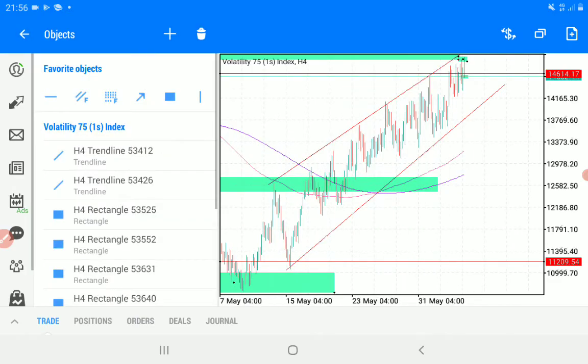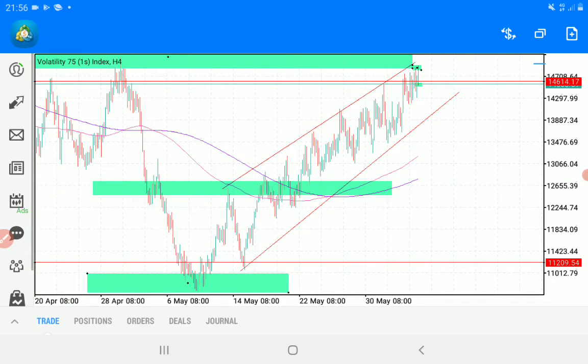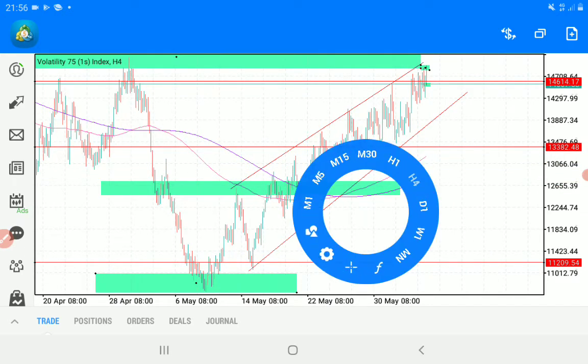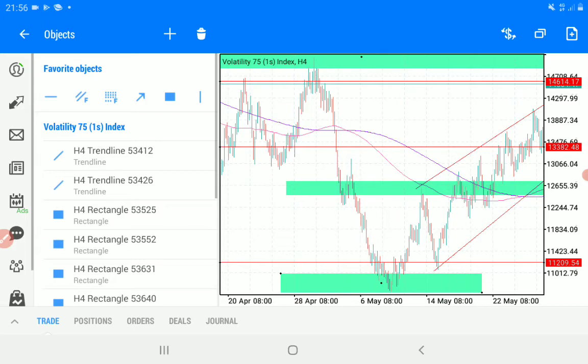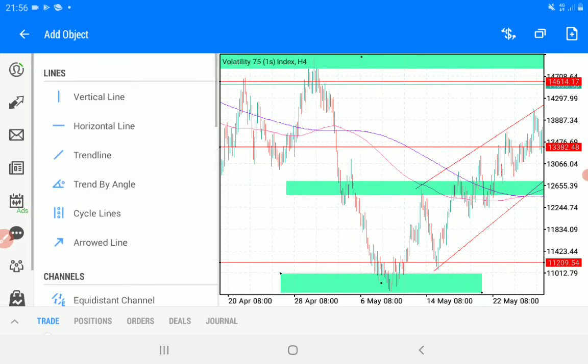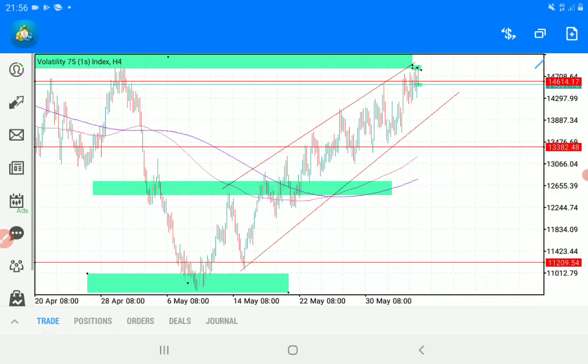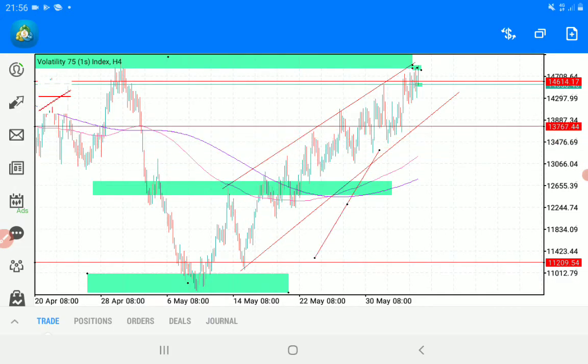From what I learned on price action, you can actually just draw this line here just for you to know where to enter, right?